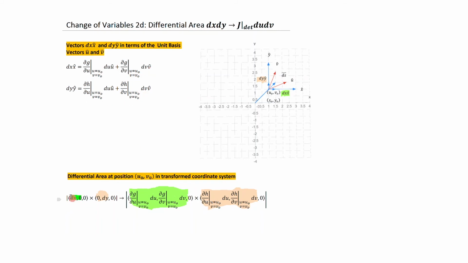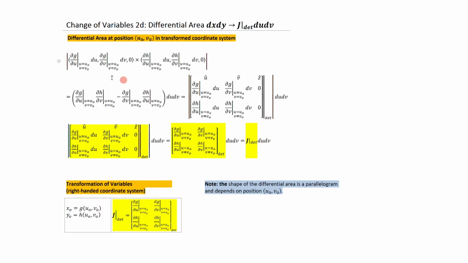So this term now becomes this term, and this term now becomes this term. So there's a u contribution and a v contribution. Now if we take the cross product of this and take its magnitude, then we should get an interesting result. That's exactly what I've done here.